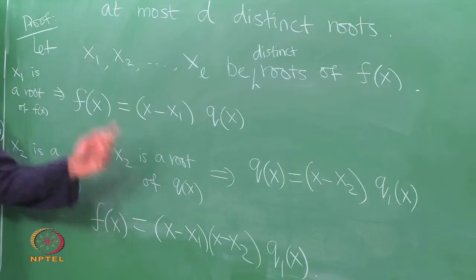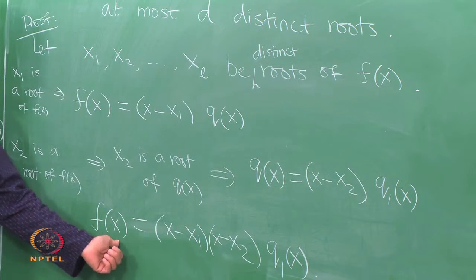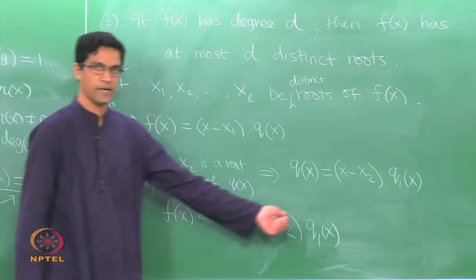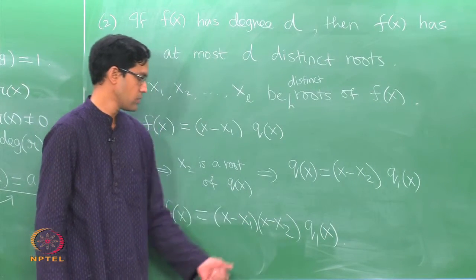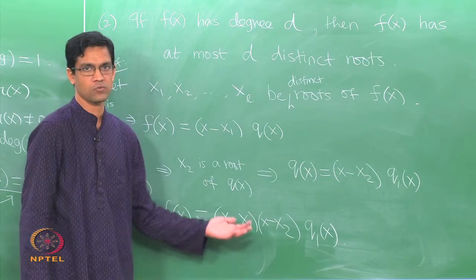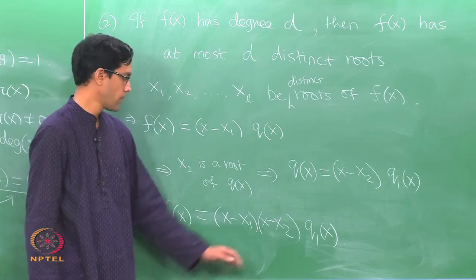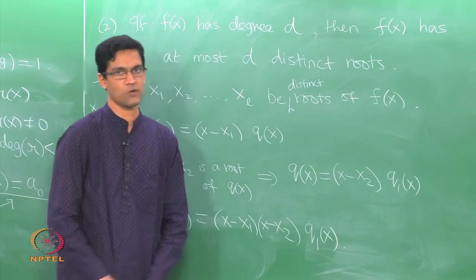Now again the same thing, I have a third root x3, I plug in the third root here, I get f of x3 is 0, and on the right hand side I get x3 minus x1 times x3 minus x2, both those are non-zero terms because x3 is not equal to x1, x3 is not equal to x2. So these two are non-zero, so therefore it must be q1 of x3 which is 0. Okay.